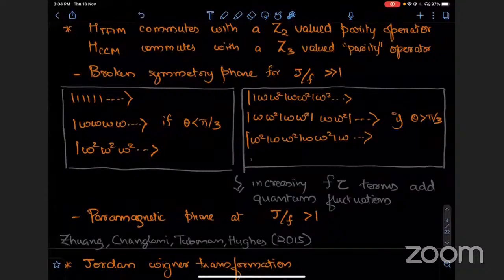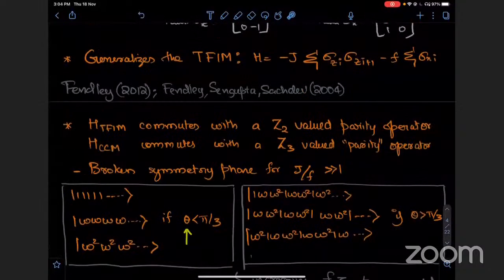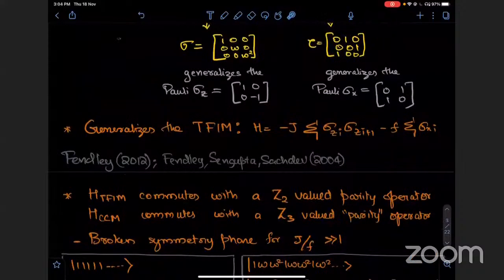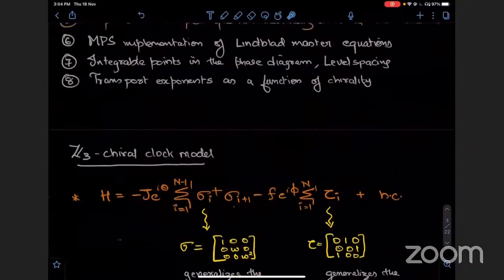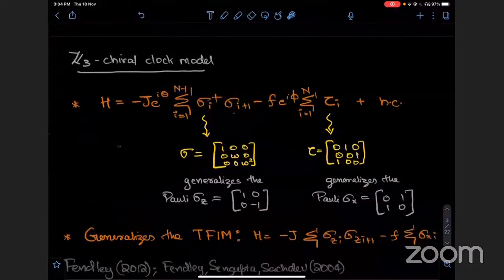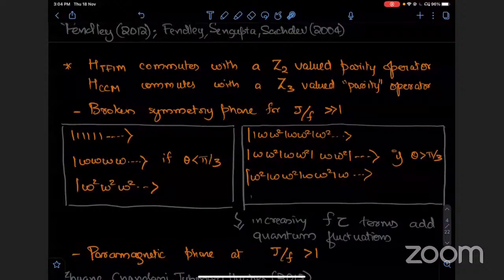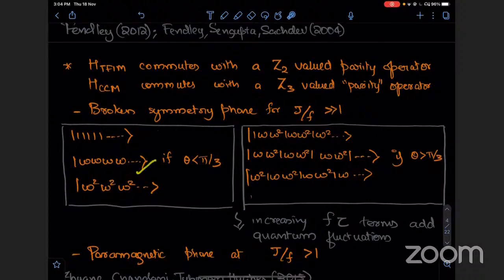For the parameter theta, which I mentioned here, it's the angle corresponding to the complex coupling constant J. If that is less than pi over 3, then I get 3 ordered phases, which can essentially be summarized as a 1-1-1 phase, an omega phase, and an omega squared phase.